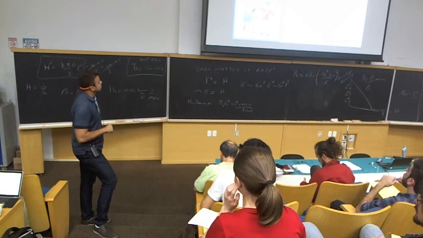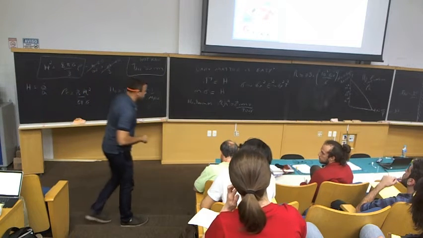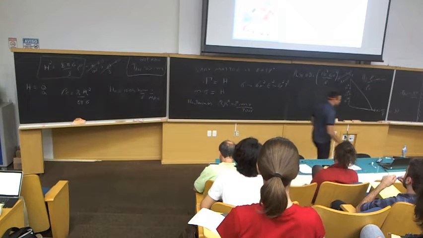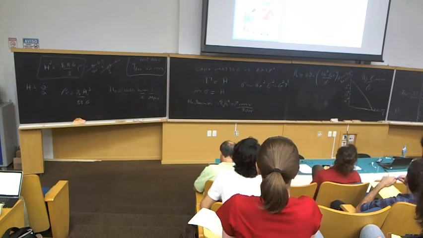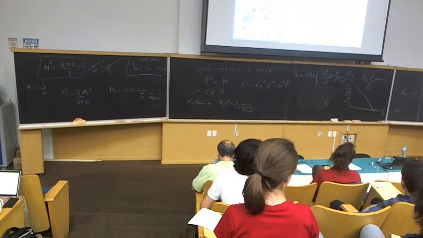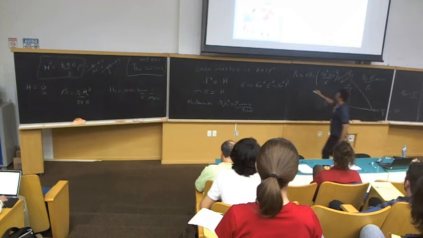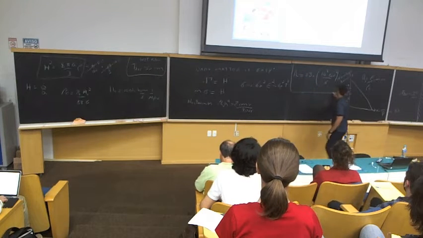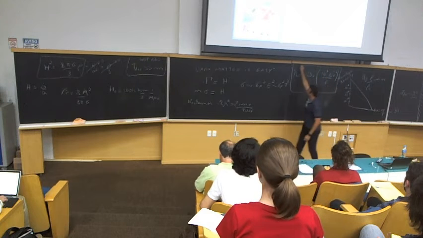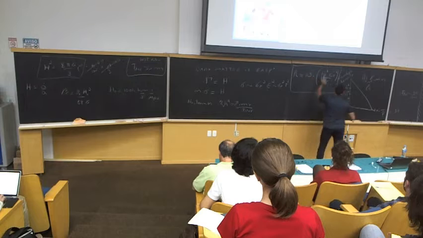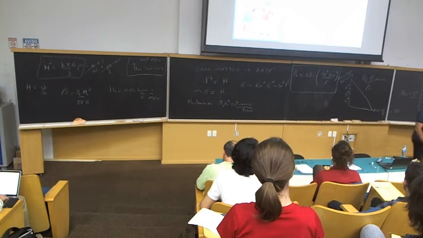Anyway, what I'm trying to say is that this is a spoiler for what's coming next. Remember, I said that the abundance of a cold relic dark matter particle is this, 0.3, with this weak scale cross-section.